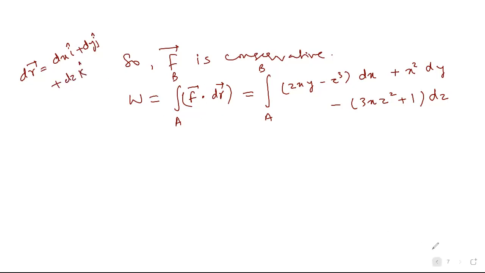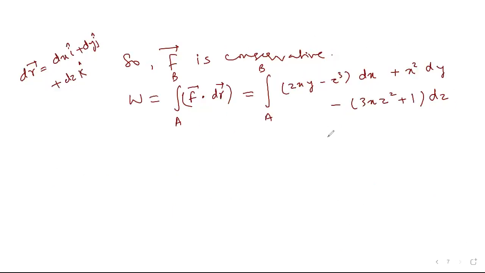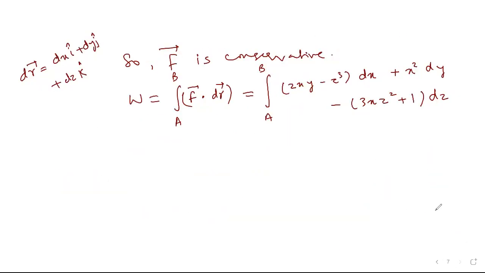Now F dot dr is just the x component of F times the x component of dr. The x component of F is 2xy minus z cube, dx. The y component of F is x square, and the y component of dr is dy.